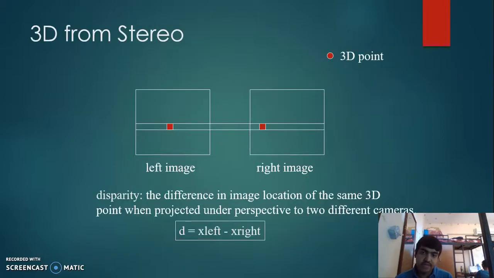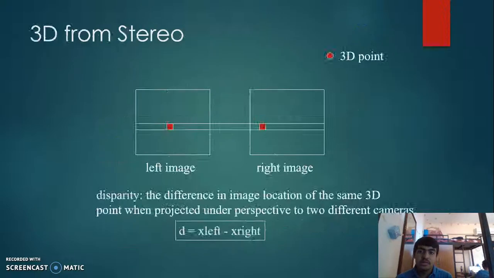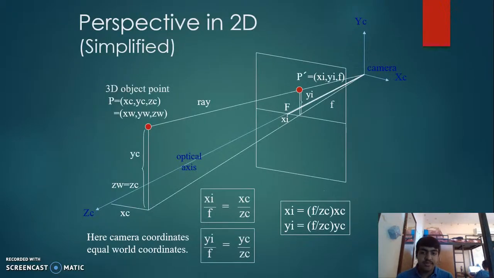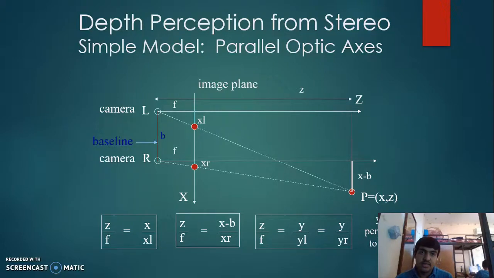So for 3D stereo we have the left image, the right image, and D equal to X left minus X right. It's similar to the 2D image itself, where we consider the focal point X and XC and ZC. Now depth perception from stereo, simple method: parallel optic axis.